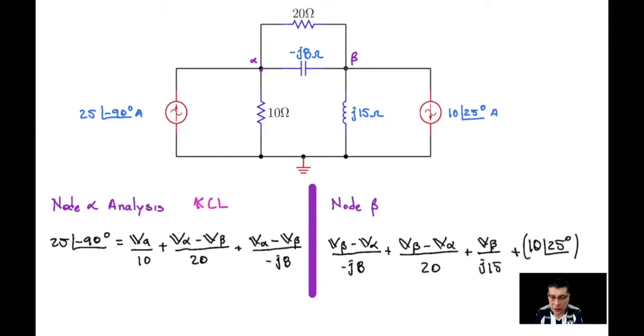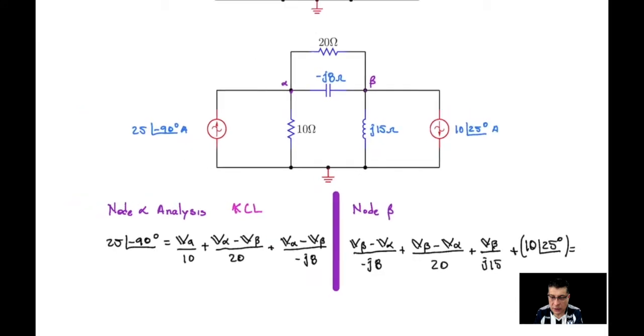All this equals 0 since there are no currents entering the beta node.